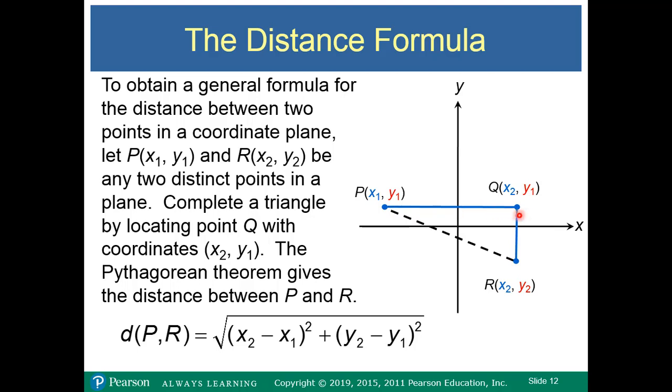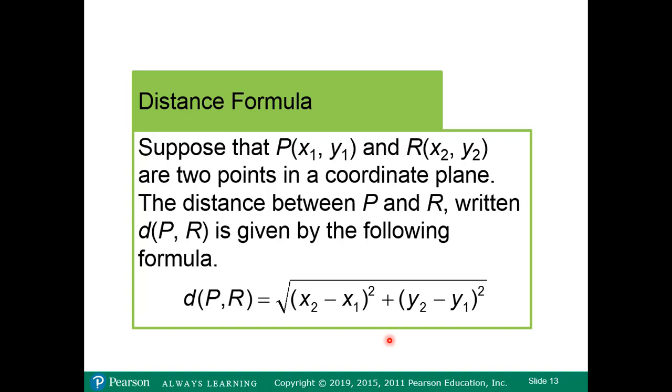By doing this, we find that the distance formula is the distance in the x's squared plus the distance in the y's squared. This is the general formula for finding the distance between 2 points, and we call it the distance formula.